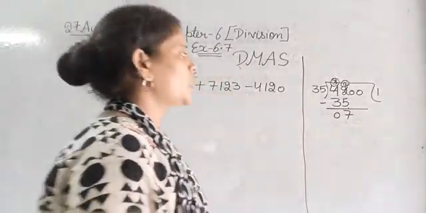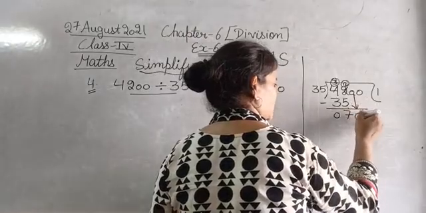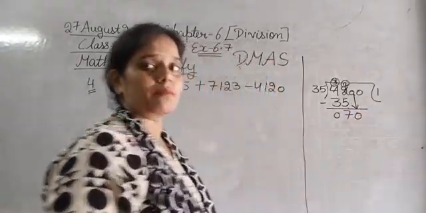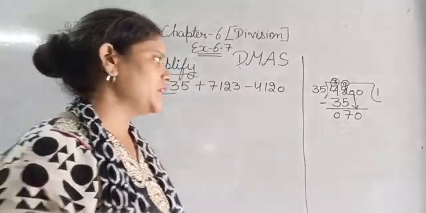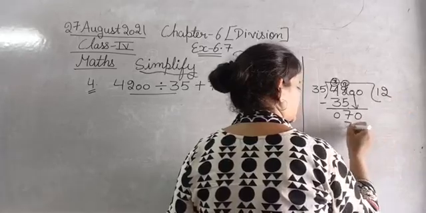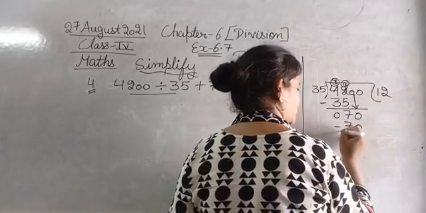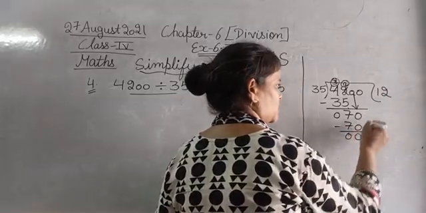Okay. Now bring down the next number, that is 0. The number became 70. So let's divide 70 by 35. 35 twos are 70. 70 minus 70 is 0.